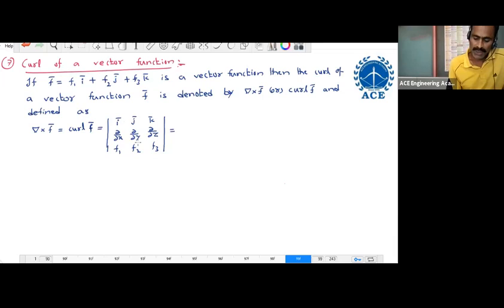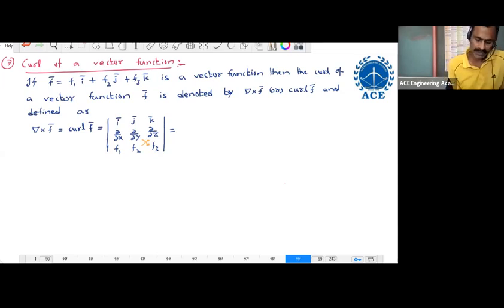So i bar into this: delete the corresponding first row and first column, and write the two by two determinant, but not exactly a determinant. Dou by dou y of f3 minus dou by dou z of f2.